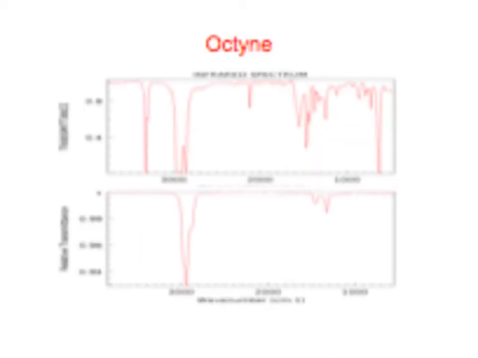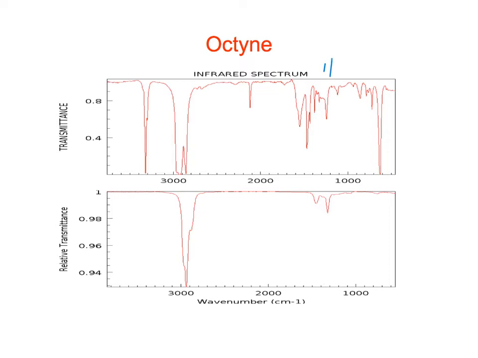If we go to triple bonds, okay, this top one is 1-octyne. Right, so again, we see these same kind of things that we saw before, but way out here we see the carbon-hydrogen on the sp hybridized carbon, right?